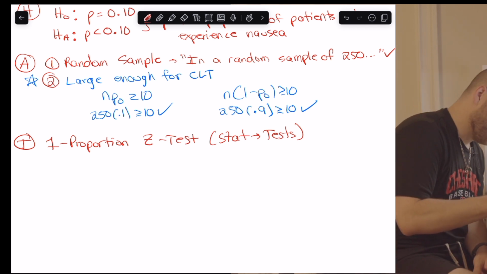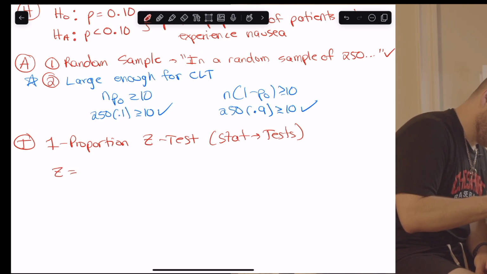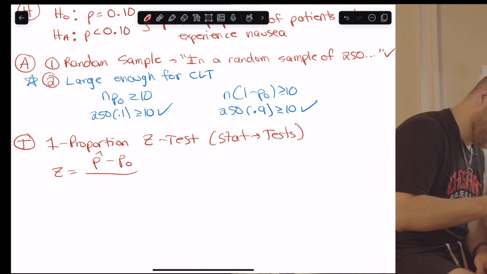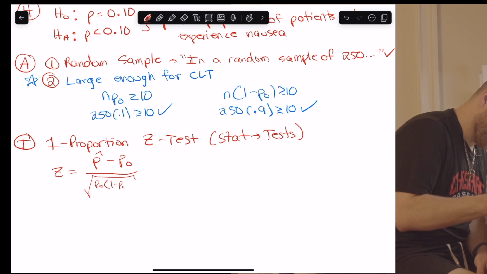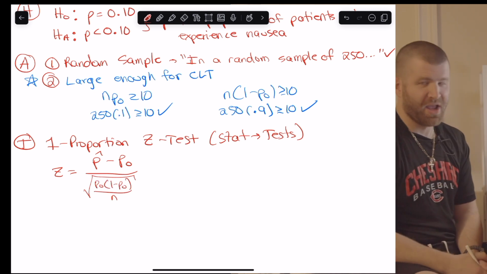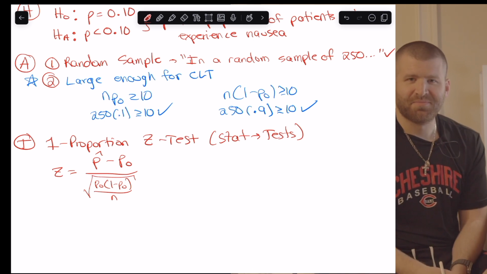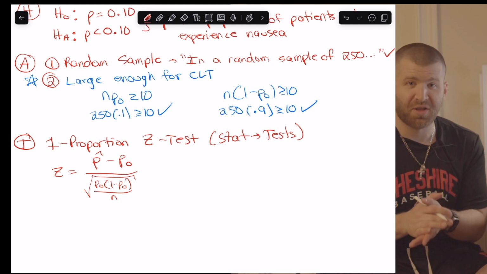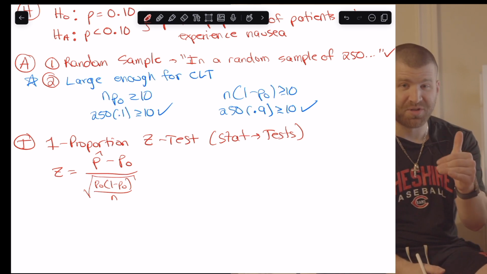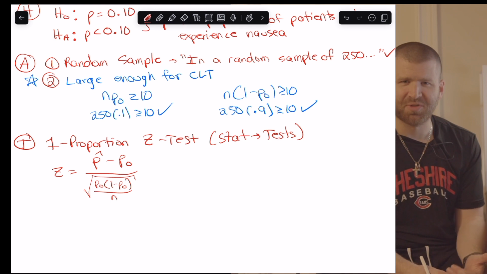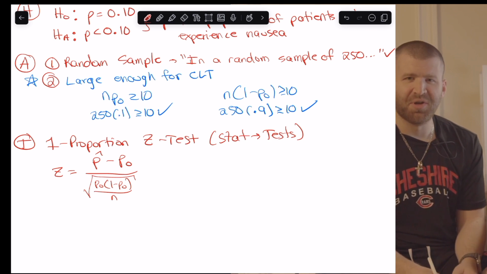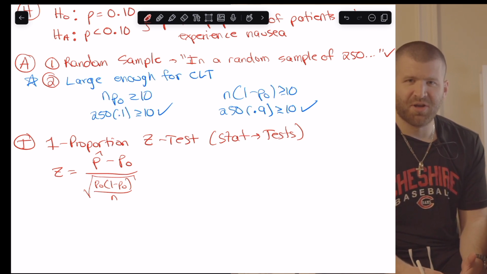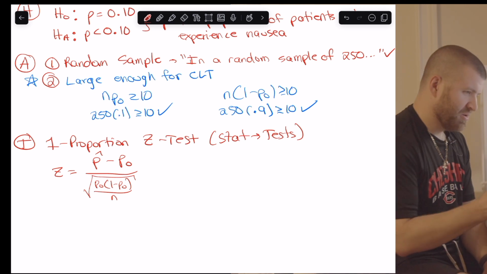To show you the formula, it's z equals p hat minus p sub 0 over the square root of p0 times 1 minus p0 over n. Again, notice that we are on the distribution of the null hypothesis. That's why what we're dividing by isn't my sample standard deviation, but the standard deviation of my null hypothesis, right?